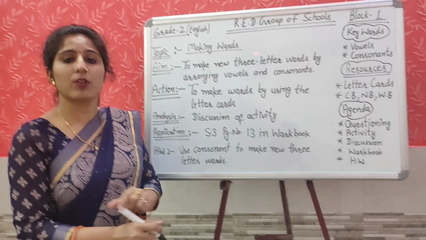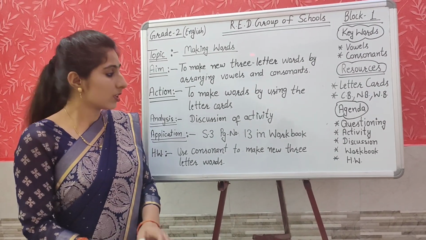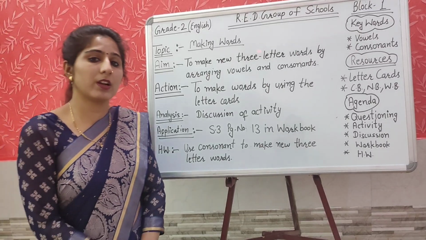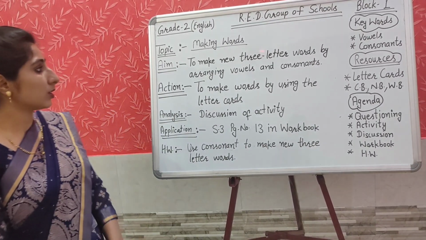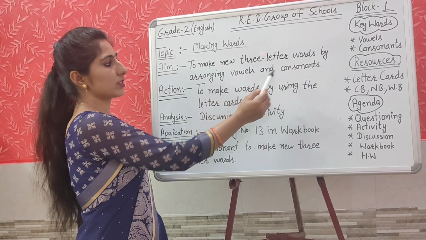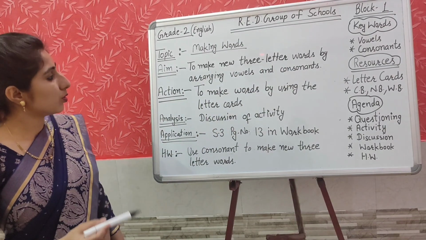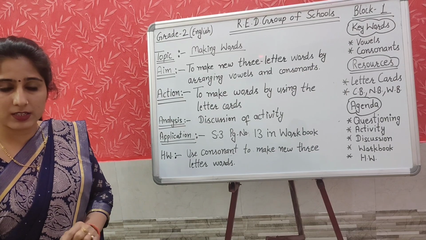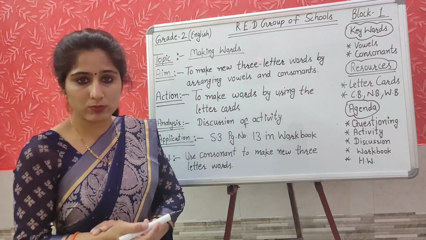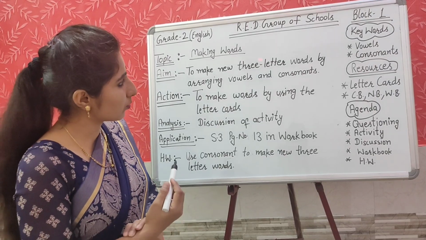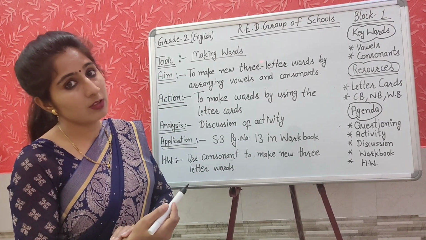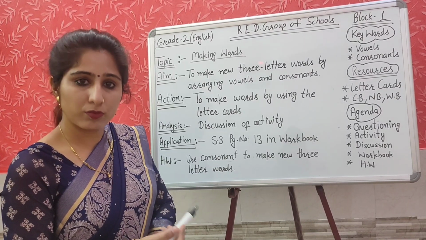Now it is time for summarization. Yes students, what have we learned today? We have learned to make new three letter words by arranging vowels and consonants. You have used the letter cards. In those letter cards, consonants and vowels were there, and by using those letter cards you have made three letter words.